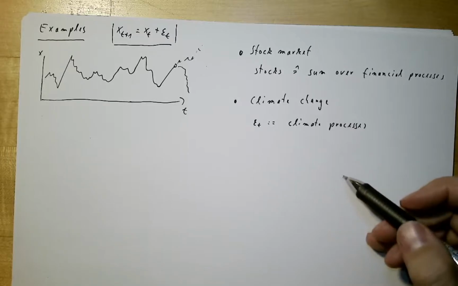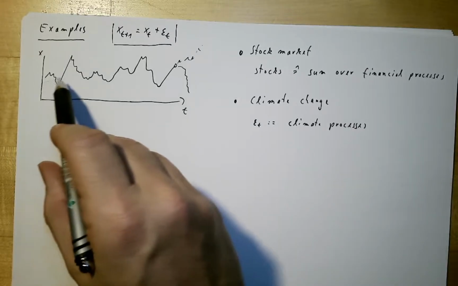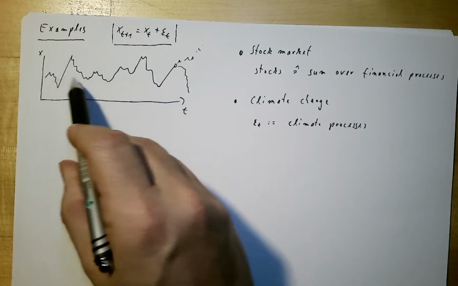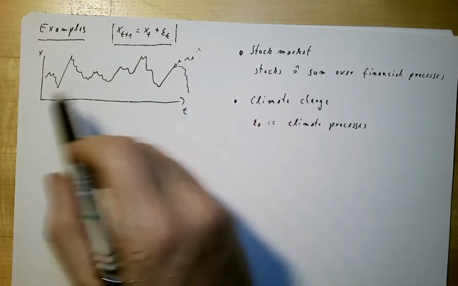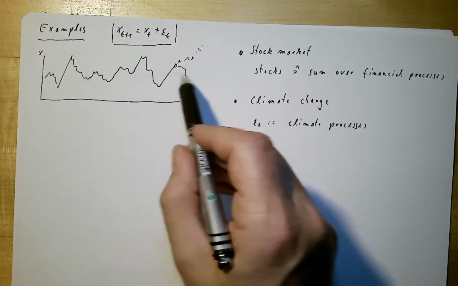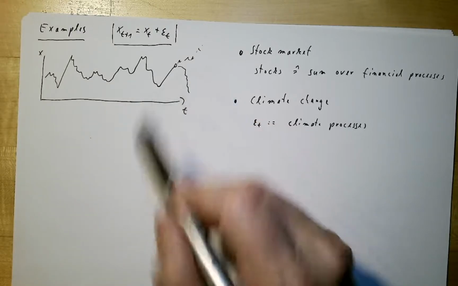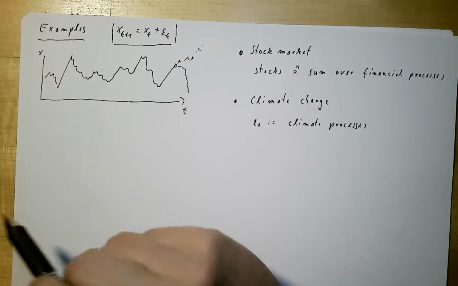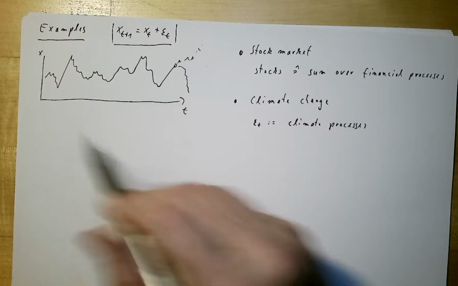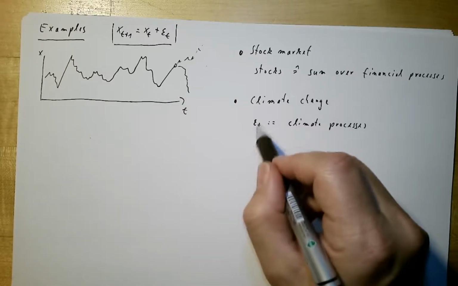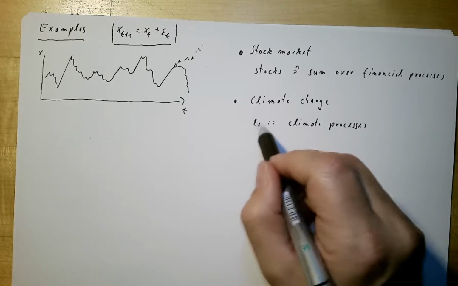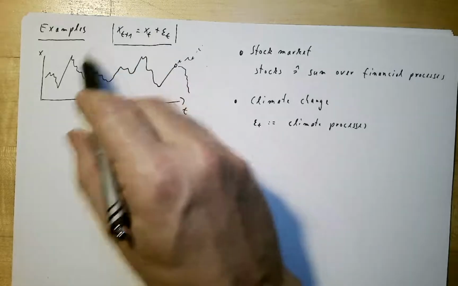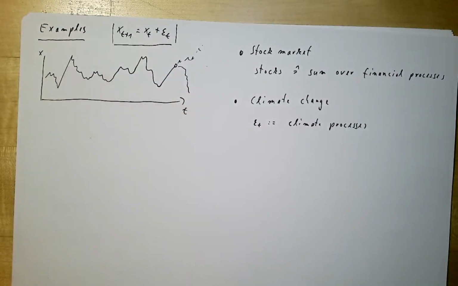And so here in climate change, we are interested, if we have such a curve, we want to know, is this increasing or not? We see a lot of fluctuations there, but do we see a trend? Is our climate warming up or not? That's the question we want to know. And climate models, for example, predict the energy fluxes and losses in the atmosphere, and then we sum up, and then we get our temperature profile.